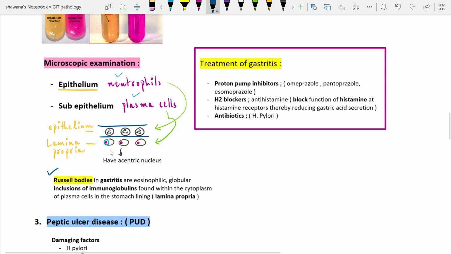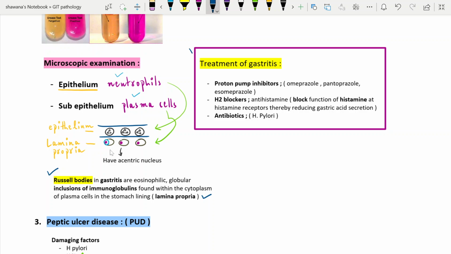What are Russell bodies? Russell bodies are inclusions of immunoglobulins in the plasma cells that are present in the lamina propria. As you know, plasma cells are derived from B lymphocytes and secrete immunoglobulins or antibodies, and these globular inclusions of immunoglobulins are nothing but Russell bodies.